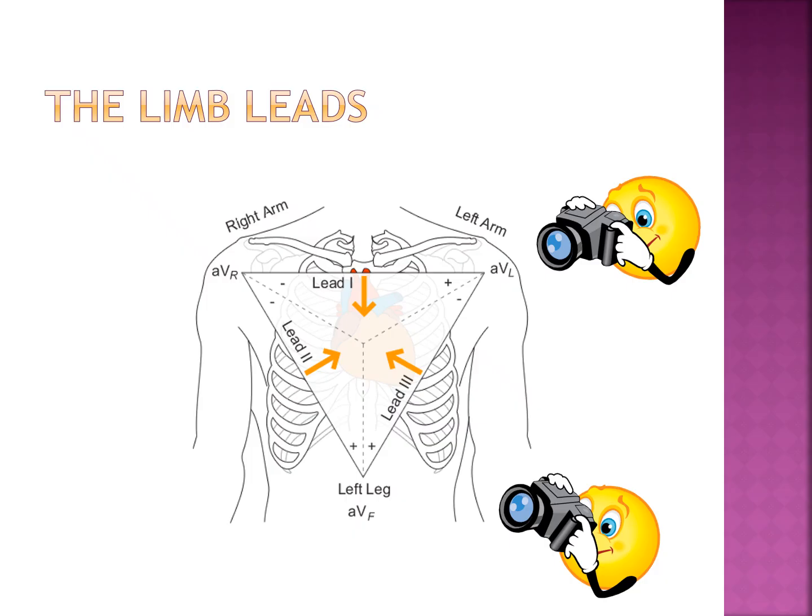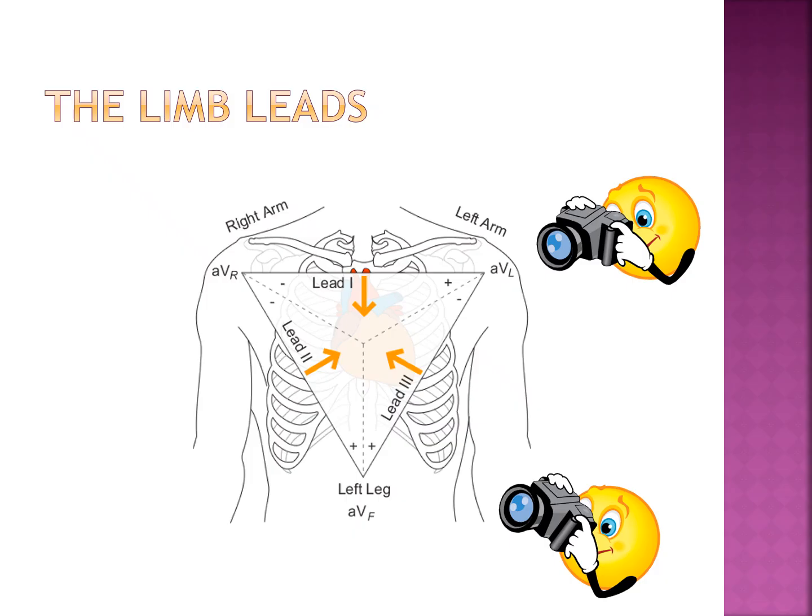The same thing with lead 2. In lead 2, the positive lead is at the leg, and we know that electricity travels toward that left leg lead, so we should have a positive deflection. We also know that lead 3 travels toward the foot. So lead 2, 3, and AVF should look very similar to one another.